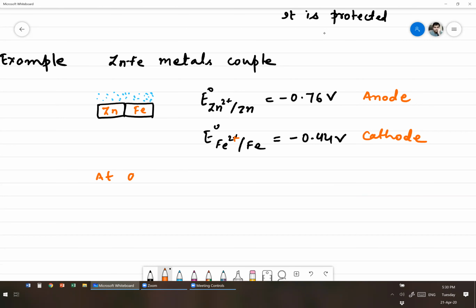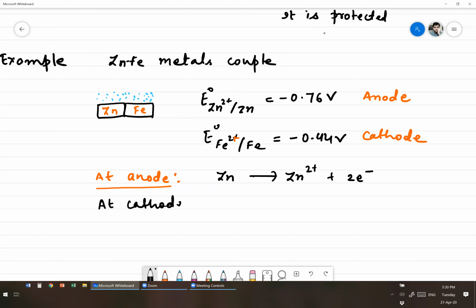At anode, we know that oxidation of metal takes place. So in this case, zinc metal gets oxidized, Zn2+ ions and electrons are released, and these electrons flow from zinc metal to iron metal, which acts as cathode. These electrons are taken by oxygen gas.